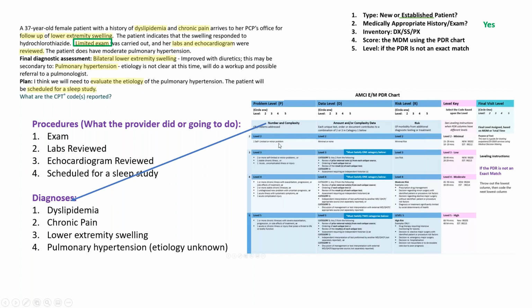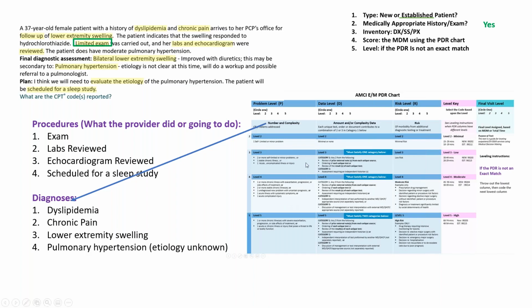So let's start looking. Let's go to level 2. Do we have one self-limited or minor problem? Would you say this is we have one self-limited minor problem, or do we need to look at level 3? Go ahead, type your answer in the chat. Yeah, they say, hey, we need to go to level 3. Let's go to level 3.